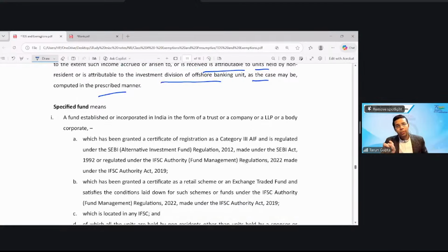Now the law explains what a specified fund is. A specified fund means a fund established or incorporated in India in the form of a trust, company, LLP, or body corporate, as the case may be, which has been granted a certificate of registration as a Category III Alternative Investment Fund.